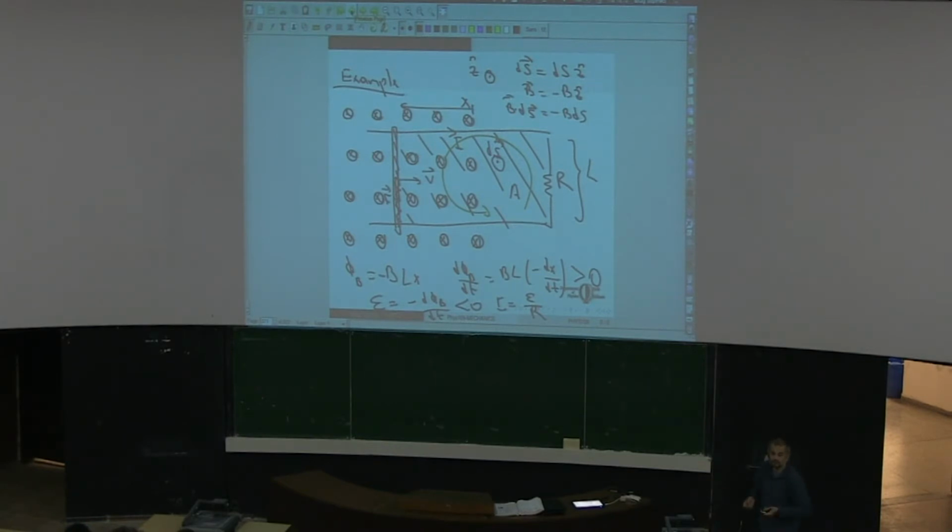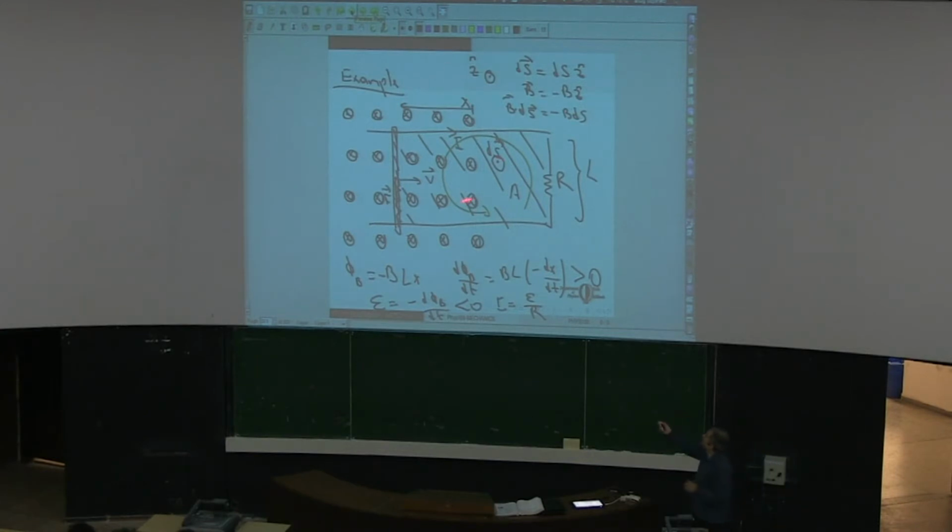Now, this is one way of using the Lenz law. Another way, well, you can say, okay, the reason why we have this induced current is the motion of this rod. So the rod is moving. So that is the change that is creating this EMF. If the rod was not moving, there wouldn't be any EMF. So how can you oppose this motion? By creating a force in the opposite direction.